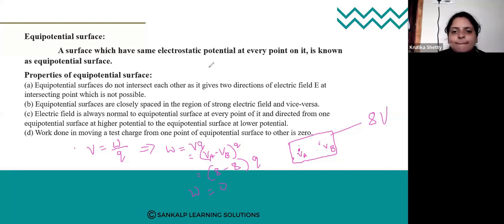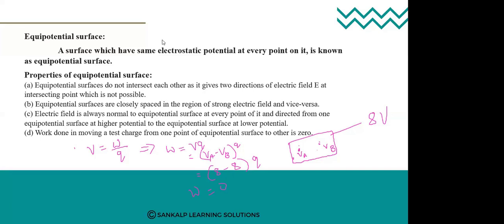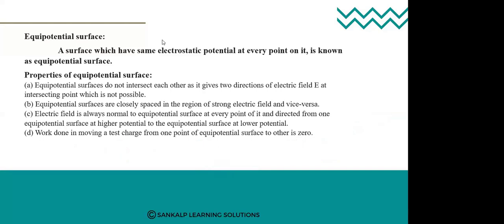Moving forward, students, the next point. After completion of the equipotential surface and the relation between electric field and the potential, we are going to proceed with the next point, that is the potential energy.